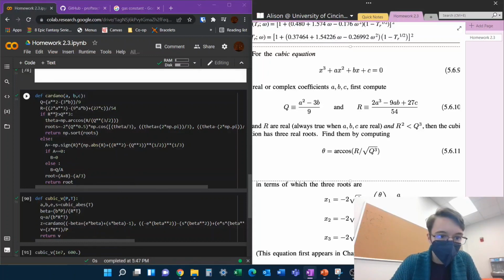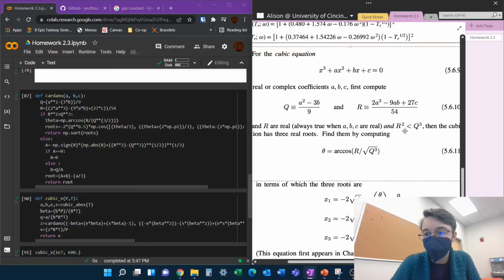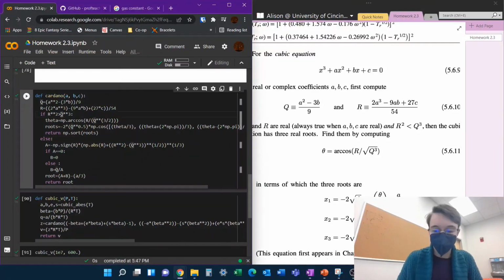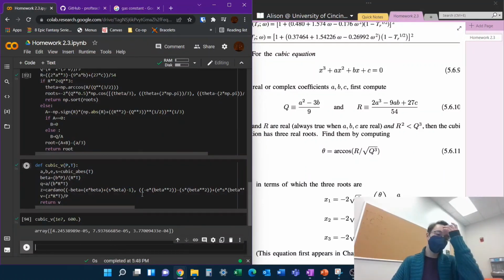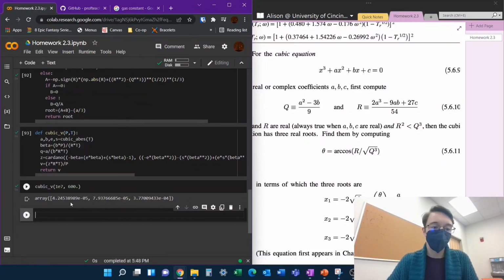Alright, and then if R squared is greater than Q, oh, okay, so there's my mistake. R squared should be less than Q. So let's do it like that. Alright, and so now you can see that its output is 3 roots for us. So that's just for that specific pressure and temperature, and its output is 3 volume roots.